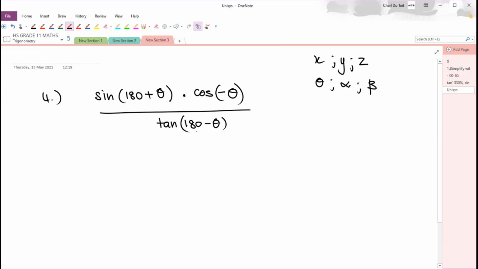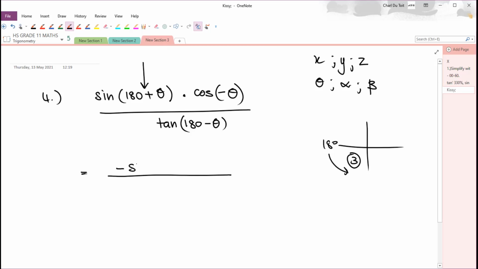Okay, there's some other things that you don't know yet, but we'll get there. Now, theta just represents an acute angle. So 180 plus theta is going to get me in the third quadrant, that's tan's quadrant.